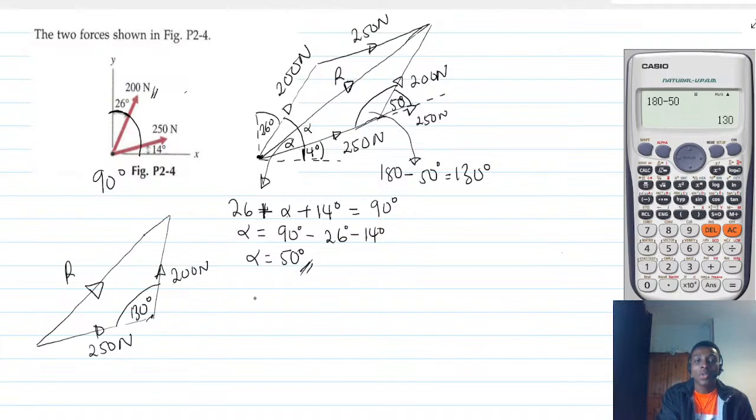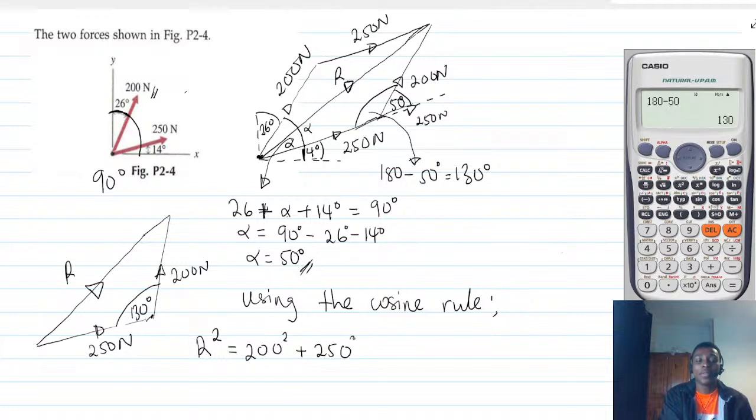So using the cosine rule, we can say that the square of the resultant is equal to the square of the other sides, which is 200 squared plus 250 squared, minus 2 into 200 into 250, cosine the angle which is opposite to the resultant. And now this angle is 130 degrees.